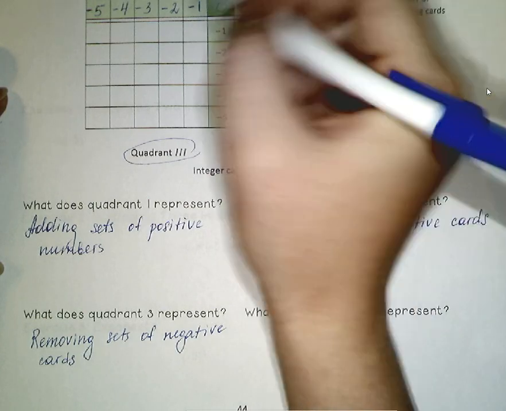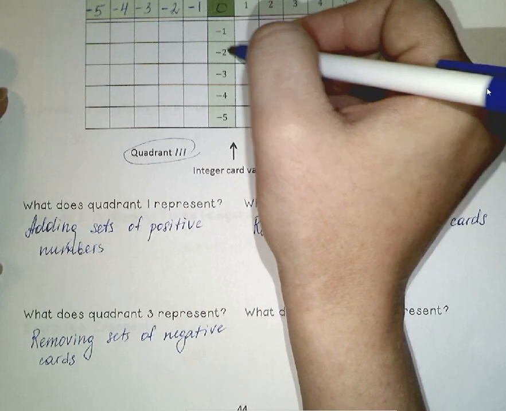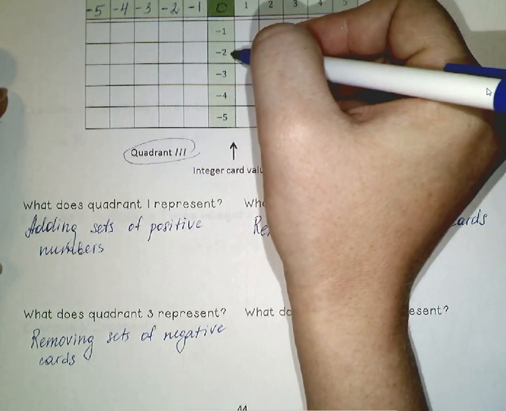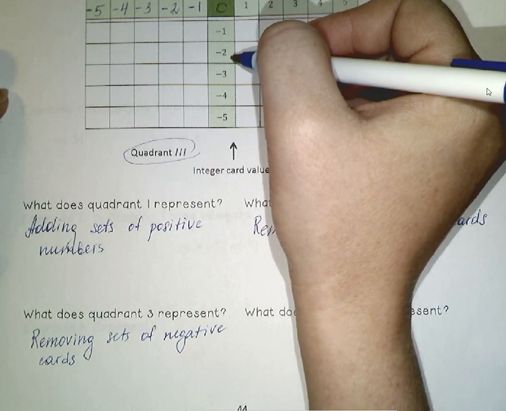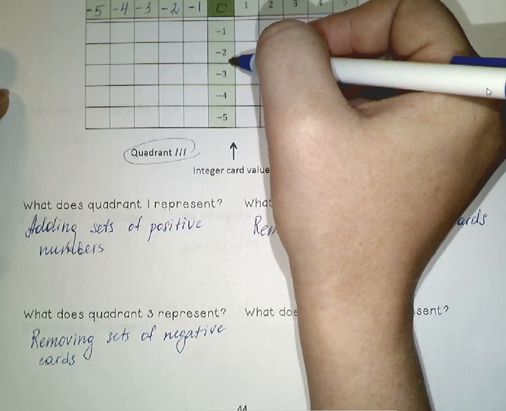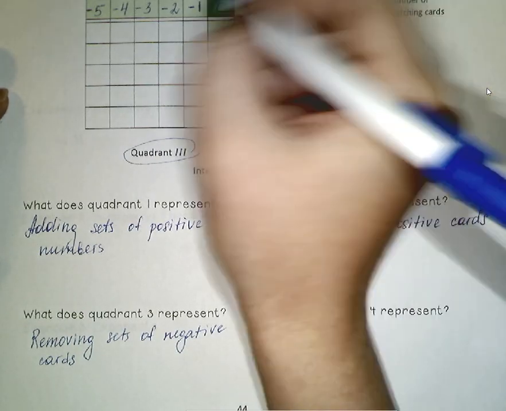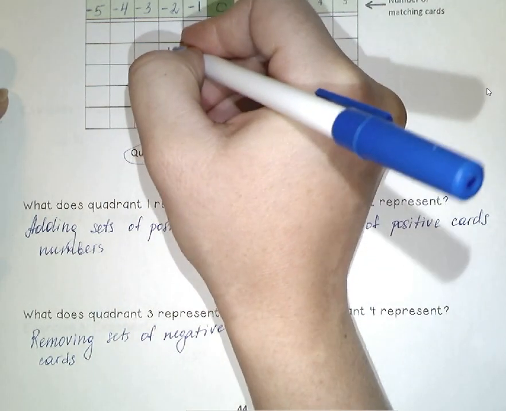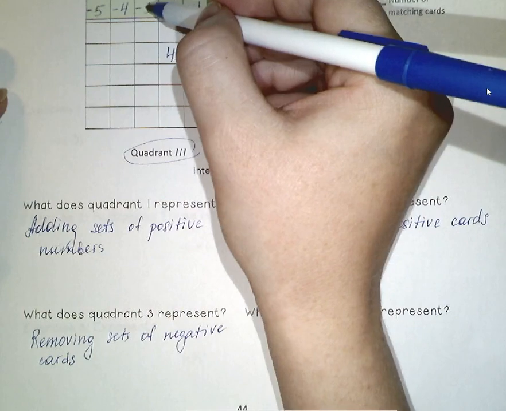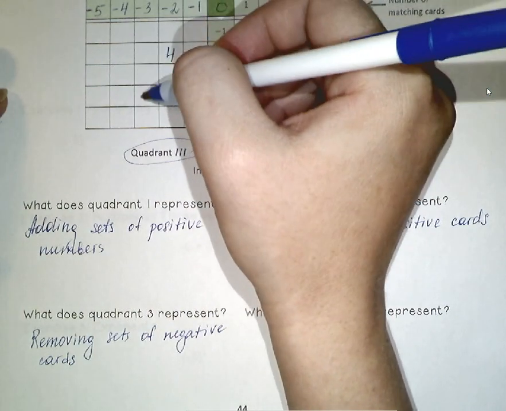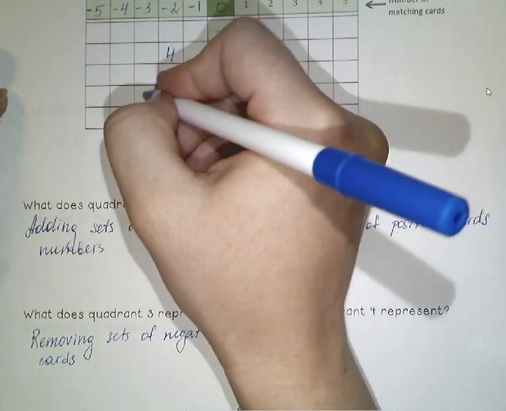When I remove two sets of cards that are -2, two sets of -2 is -4 because -2 plus -2 is -4. And when I take that -4 away, my score will go higher. So that will be a +4. When I remove three sets of -4 cards, my score will go up by 12.